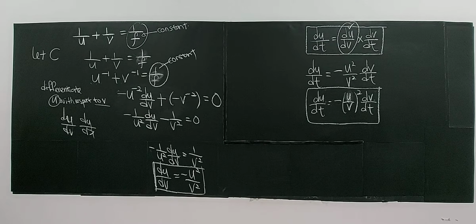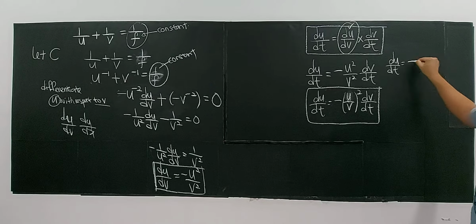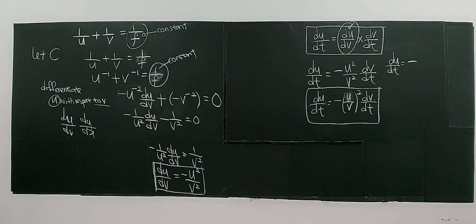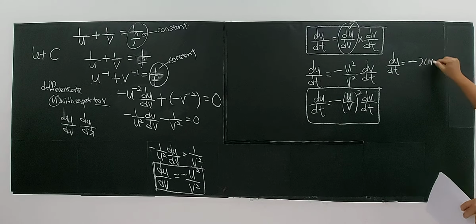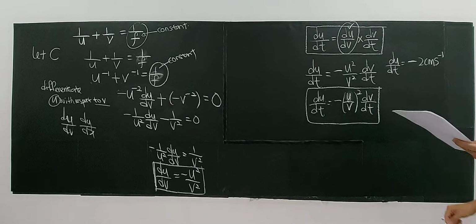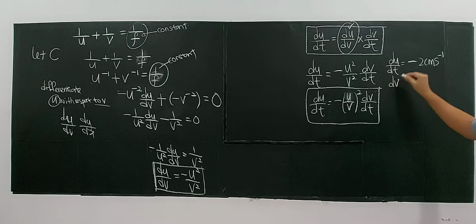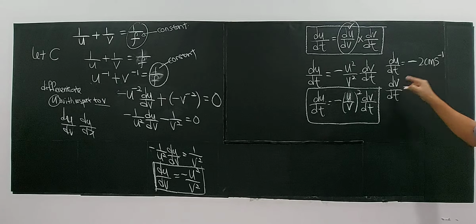The question is not ended yet, as they tell you that u is decreasing. U decreasing means that du dt is a negative number. It's decreasing at the rate of 2 centimeters per second. So calculate the rate of increase. When u decreases, they want you to find the rate of increase of v.